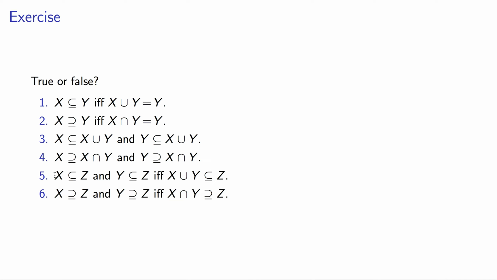Let's look at 5. If both x and y are subsets of z, then also x union y is a subset of z.